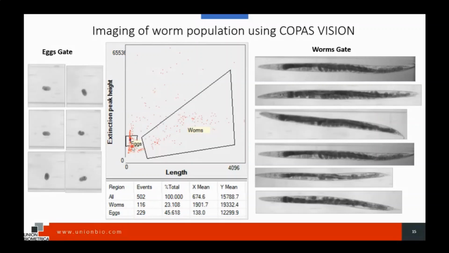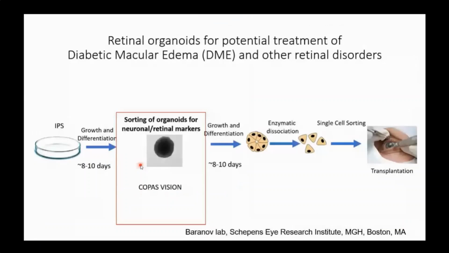So worms can be sorted out to be separated from eggs and also from any debris, etc. Worm populations can also be further sorted to the different larval stages using size and optical density parameters with our technology, and people are doing that as well. So that's how that works.